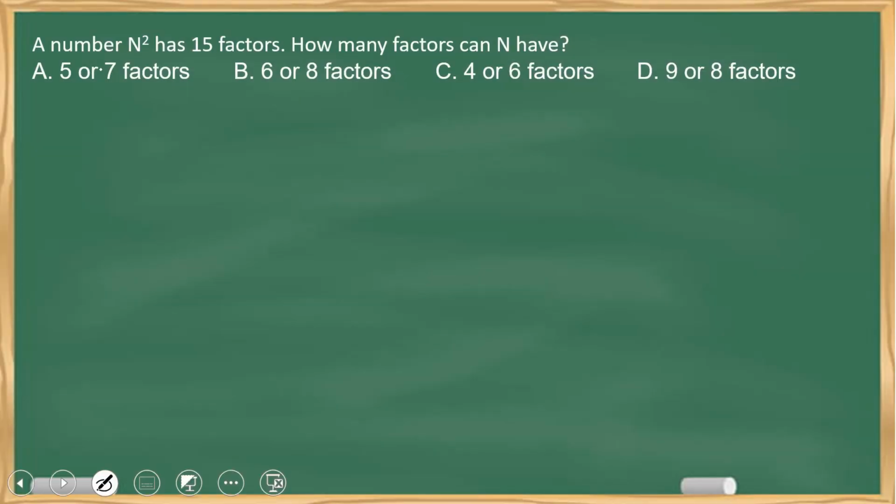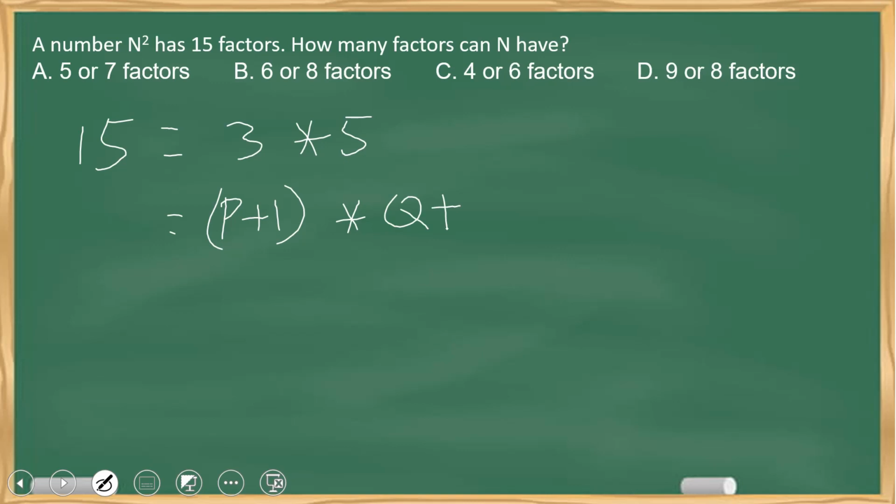Okay. A number n square has 15 factors. N square. Remember this? N square. Okay. How many factors can n have? This is an important question here. Correct? Now again, 15 can be broken into 3 into 5. There is no other go here. Correct? So this is p plus 1 into q plus 1.